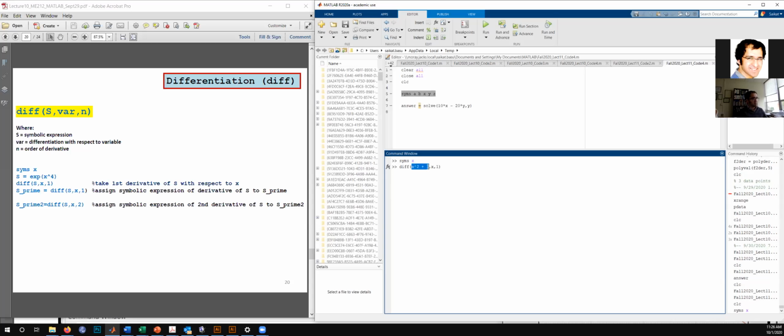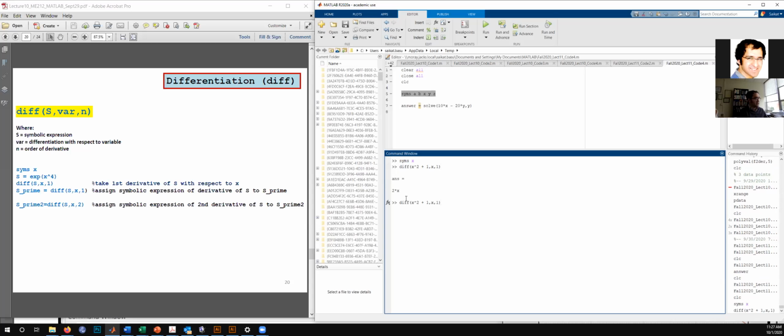You first plug in the function, then you plug in x, which is the term with respect to which you are taking the derivative of that function. And then you type in the order of the derivative, if it's the first derivative or if it's the second derivative. So let's see what we get from this one. We should get 2x because d/dx of x squared plus 1 is just 2x. So indeed we get 2x.